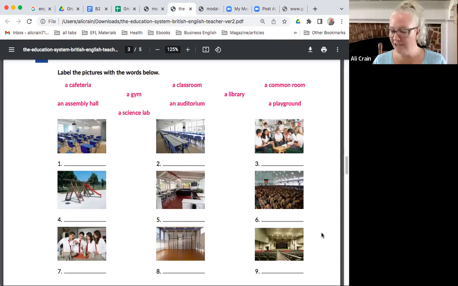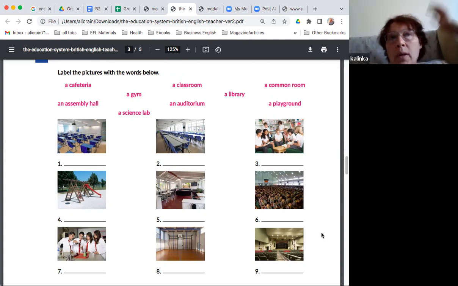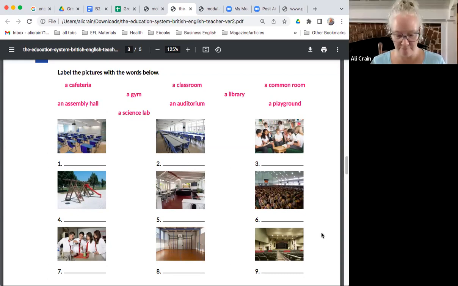I'm not finding anything on cafeteria versus cantina, so it might just be a local thing. Maybe an auditorium is especially for studying something, special equipment, special sounds, I don't know, but an assembly hall is just for events, celebration.